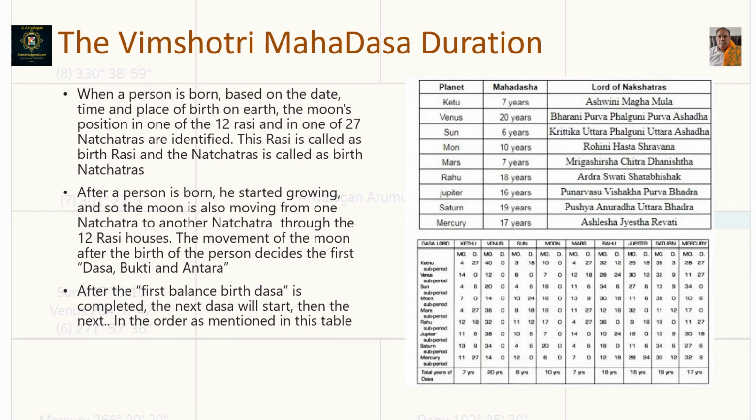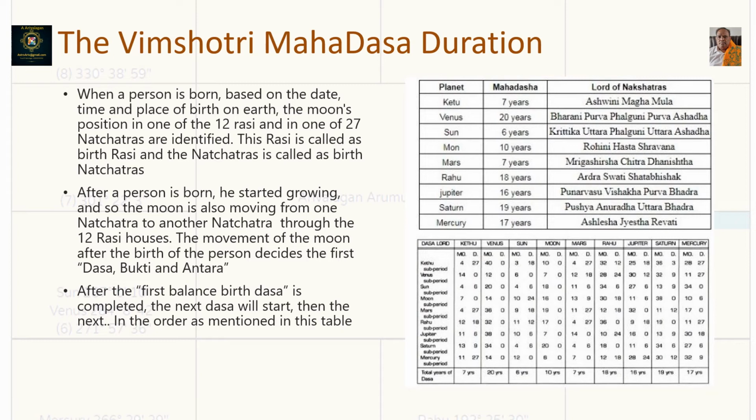So Ketu Dasa starts with Ketu Bhukti, then Venus Bhukti, Sun Bhukti, Moon Bhukti, Mars Bhukti, like that. Venus Dasa starts with Venus Bhukti, then Sun Bhukti, Moon Bhukti. Sun Dasa starts with Sun Bhukti, then Moon Bhukti.